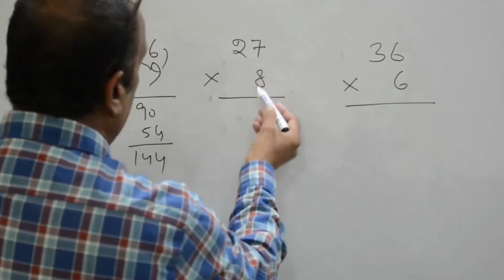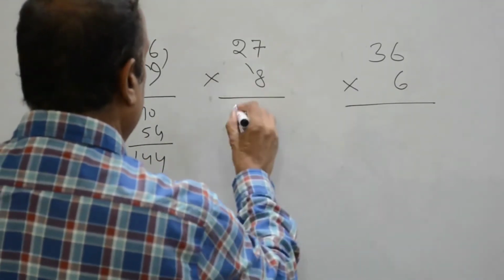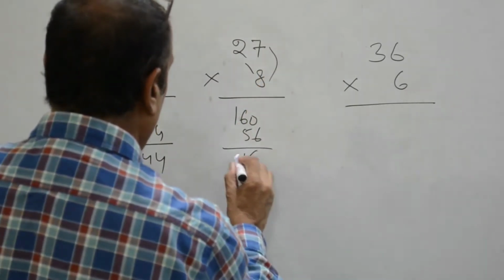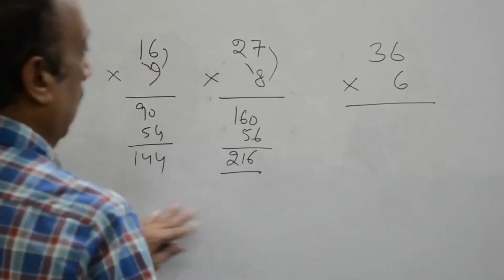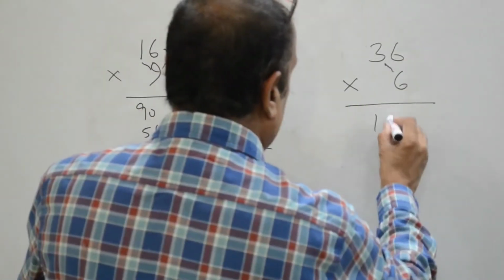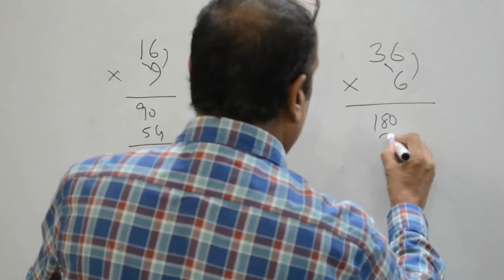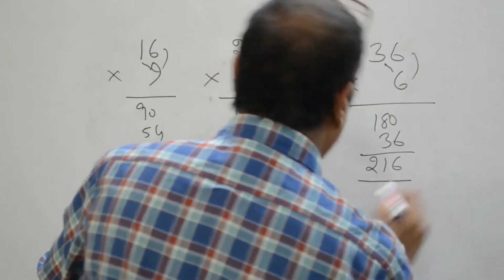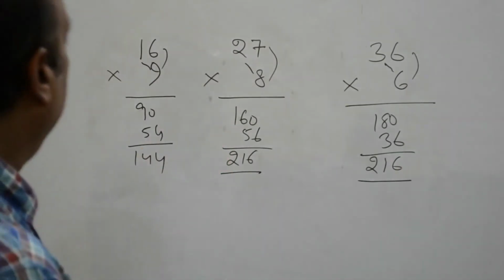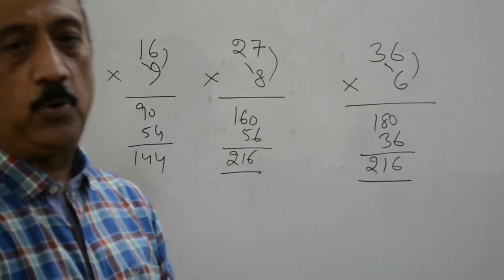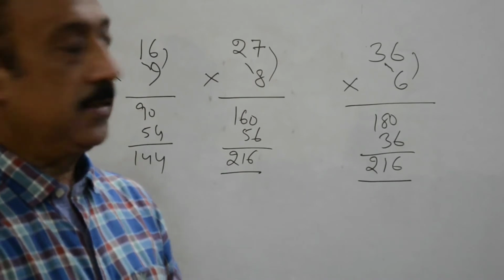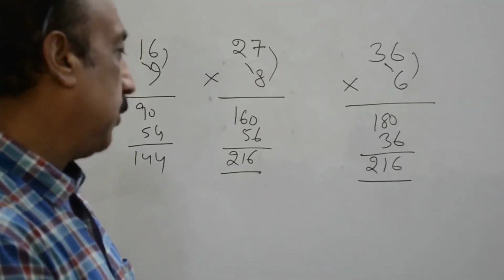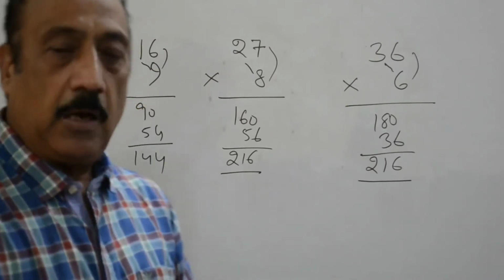We don't know 27 into 8, so it is 160, and 56, so it is 216. So with the help of this method, we will be able to make the tables very easily with mental math or with very high speed. Now let us move further.